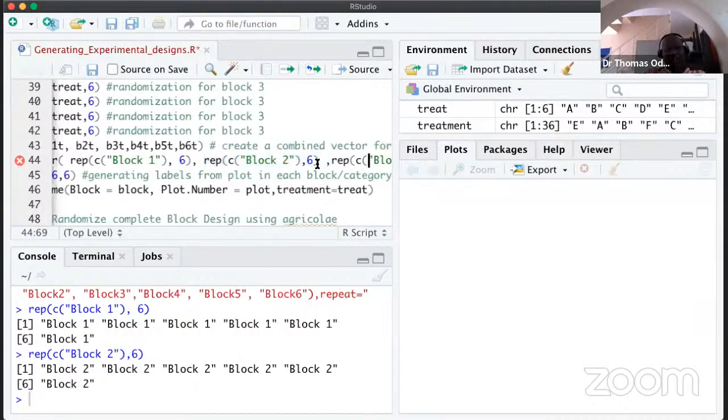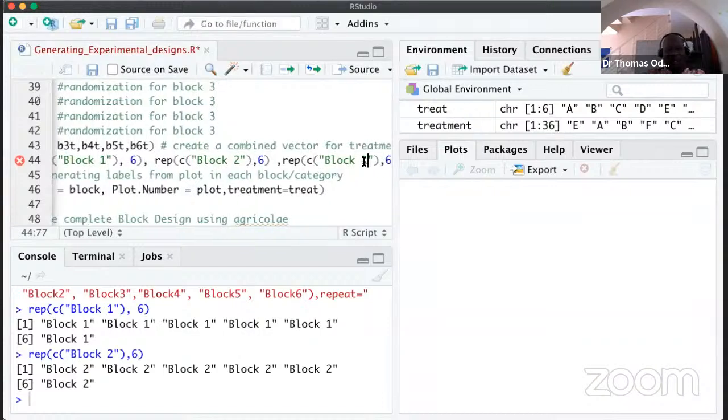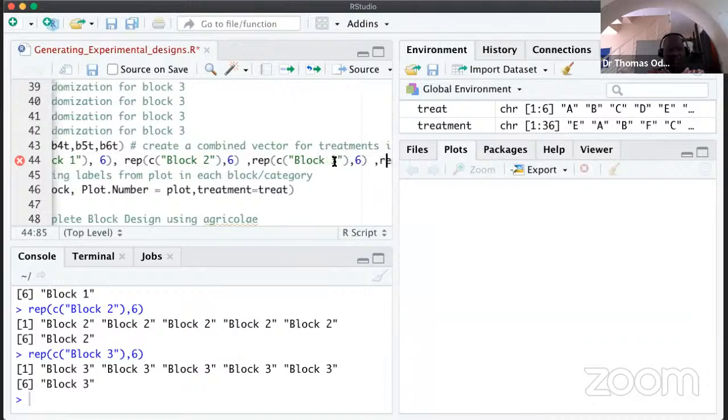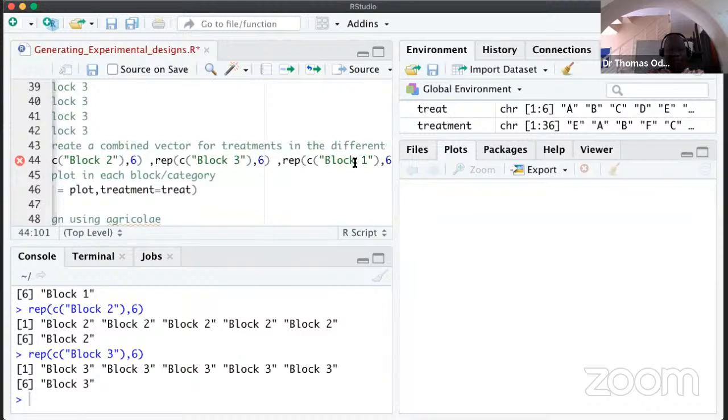Of course, the command below this is a lot simpler. You just need to run the agricolae command and you'll be done. But I don't want to give up. So we have 3, 3, 3. Then we have 4, 4, 4.